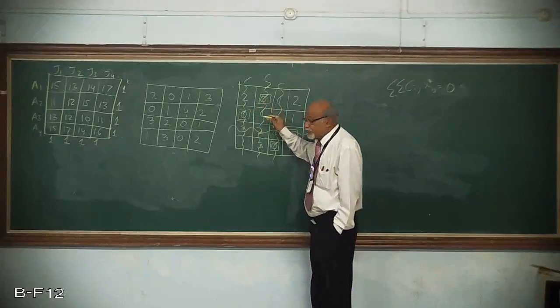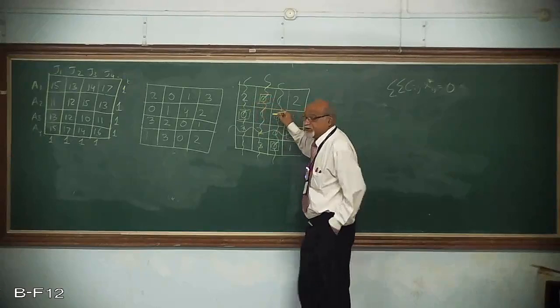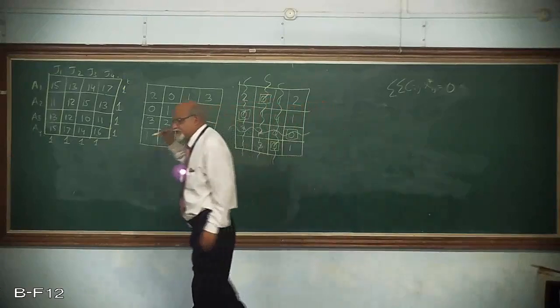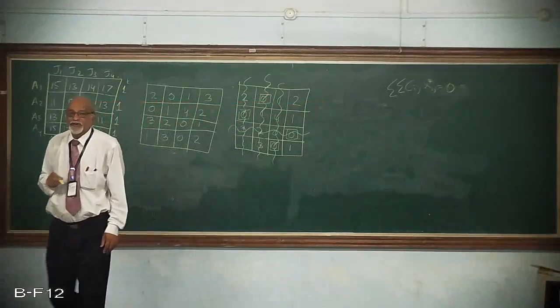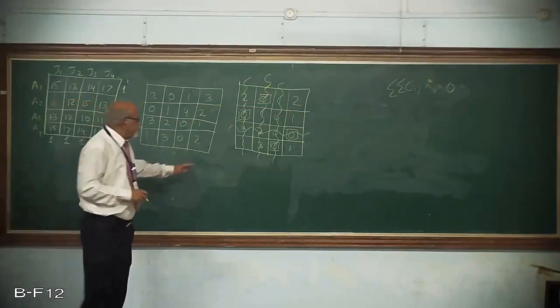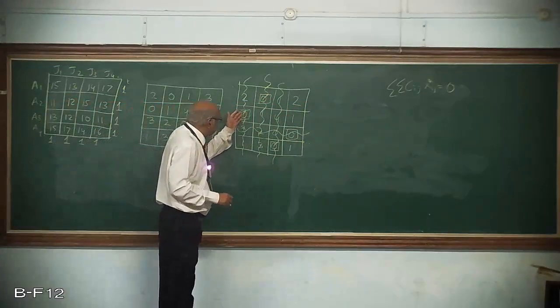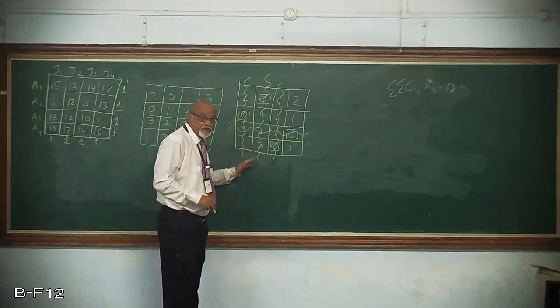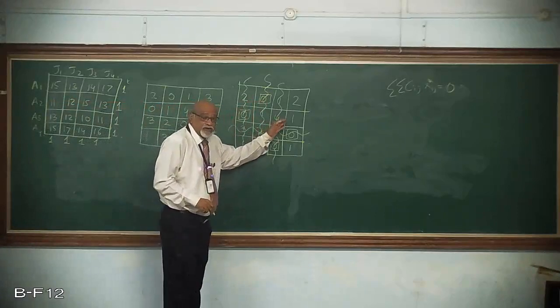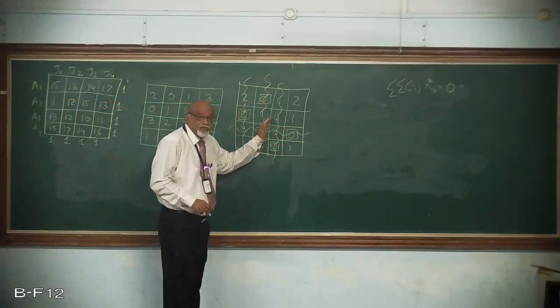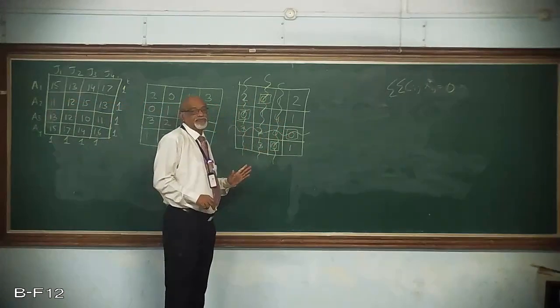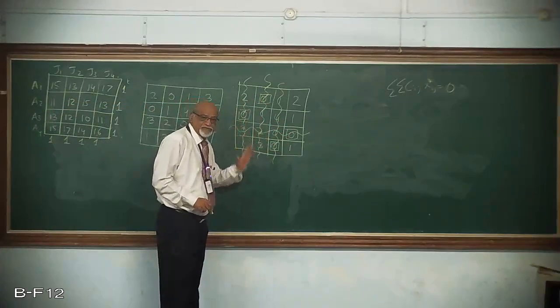If you follow this procedure, not only are you able to mark the zero values, you are also going to cover all the zeros with the minimum number of lines, which is most important.